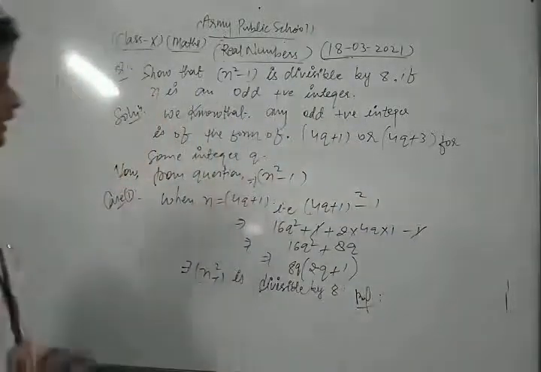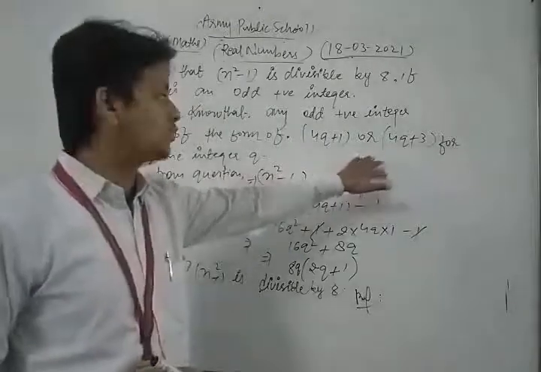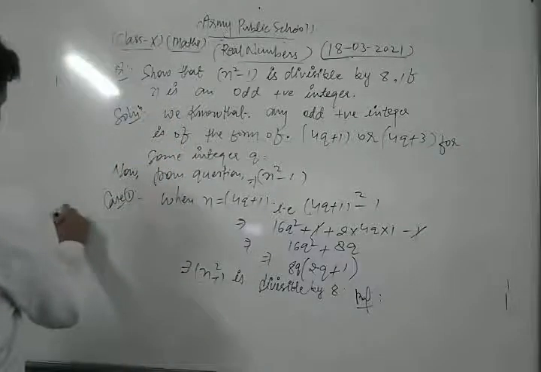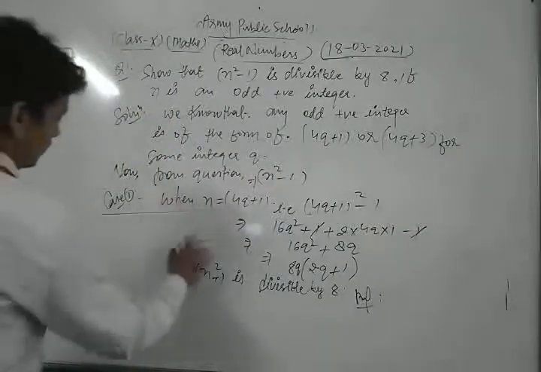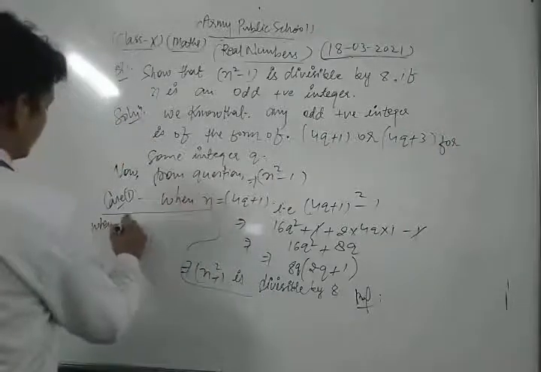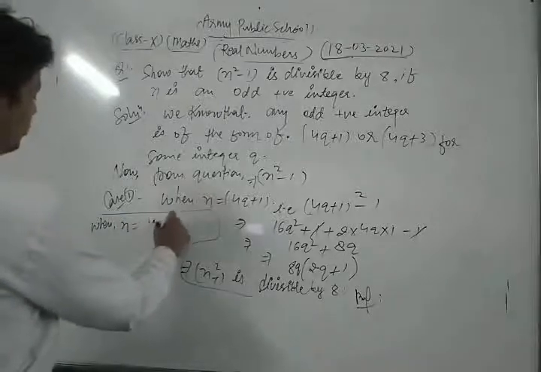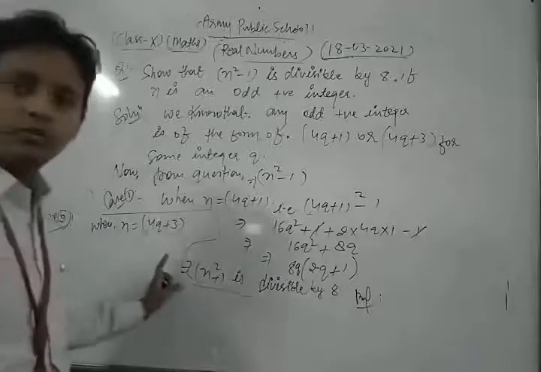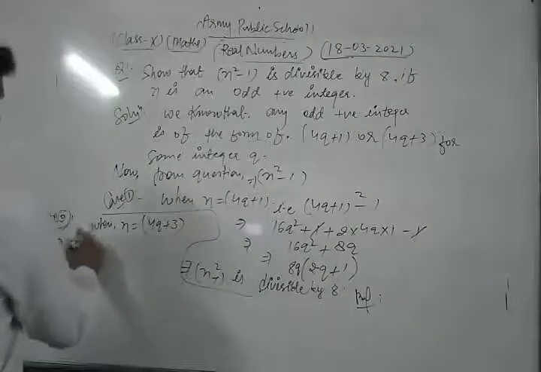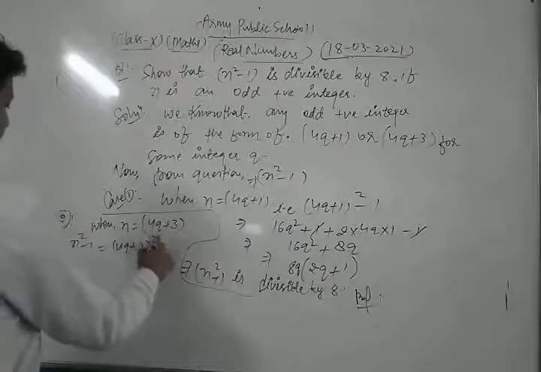Now case 2: when n is equal to 4q plus 3. Then the value of n square minus 1 is (4q plus 3) whole square minus 1.